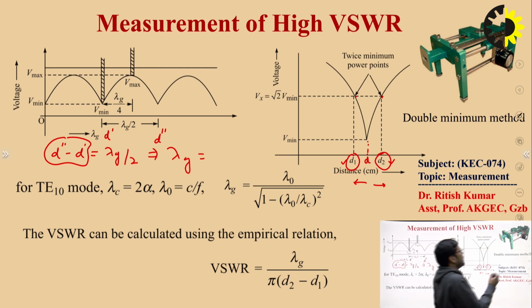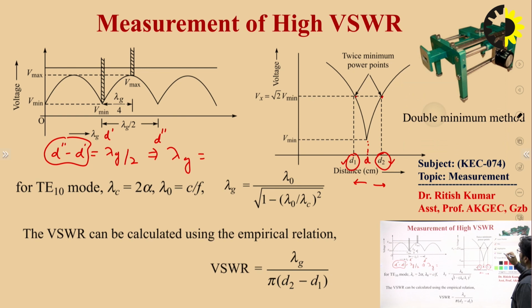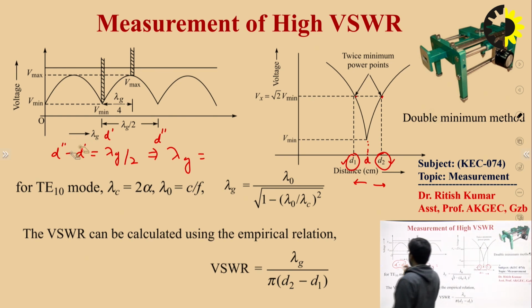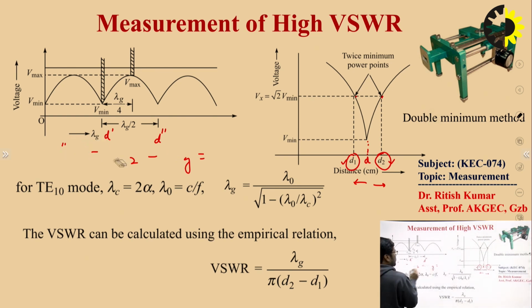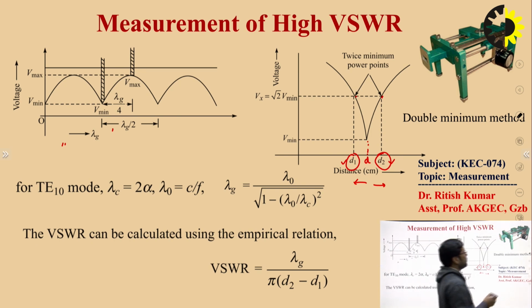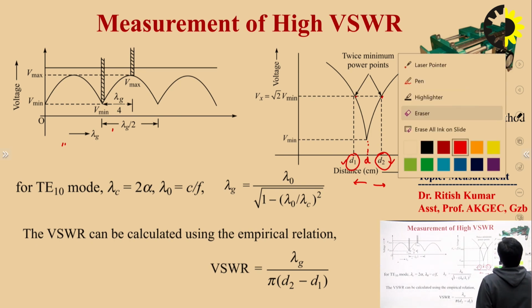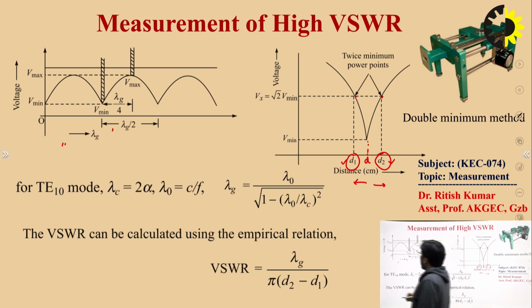Now the formula that you need to apply here is totally based on the cutoff wavelength, which is represented by 2a for TE10 mode. TE10 mode is nothing but the fundamental or dominant mode for the rectangular waveguide.